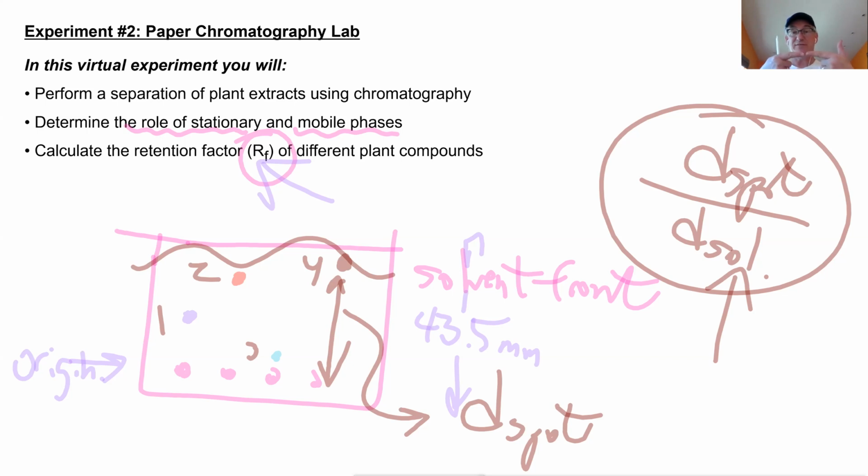So that retention factor is specific for that compound, that stationary phase, and that mobile phase. Now, I'll ask a separate question. Is the distance traveled by the spot an intrinsic factor of the compound spotted? The distance, the D spot, is that an intrinsic factor?